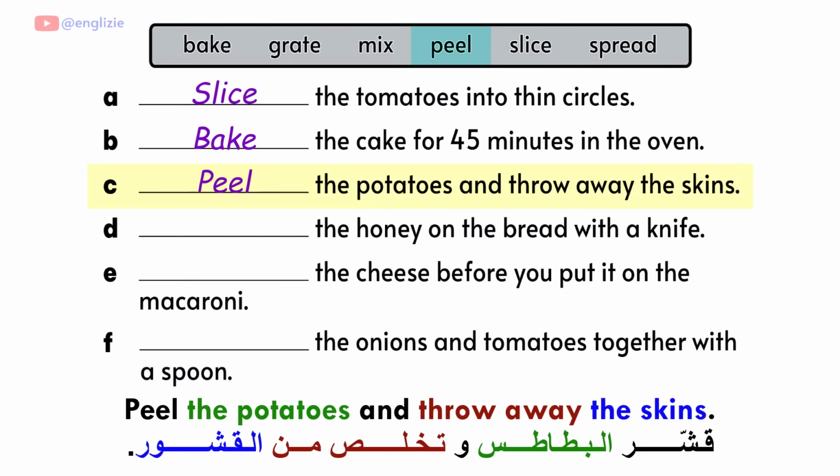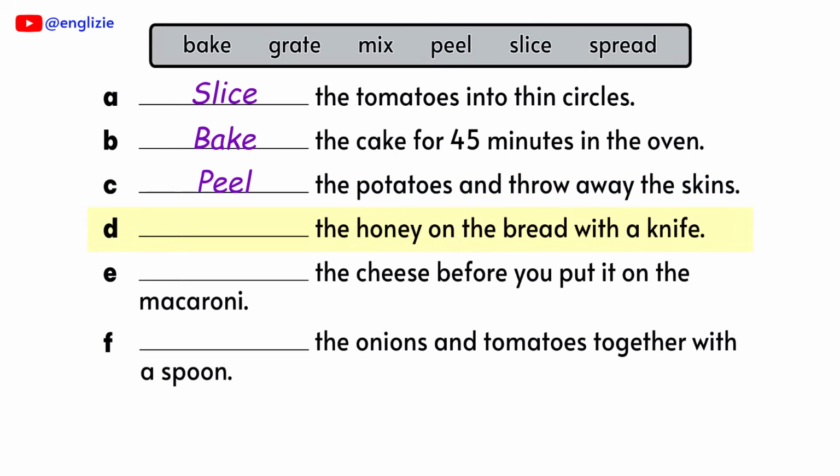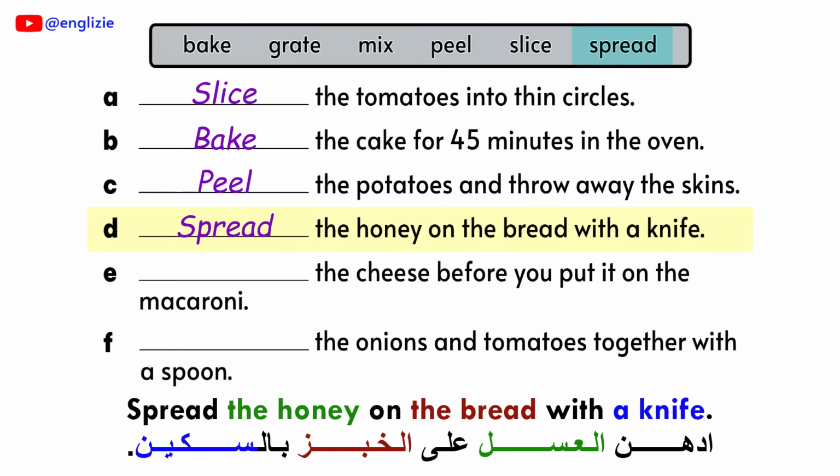C. Peel the potatoes and throw away the skins. D. Spread the honey on the bread with a knife.